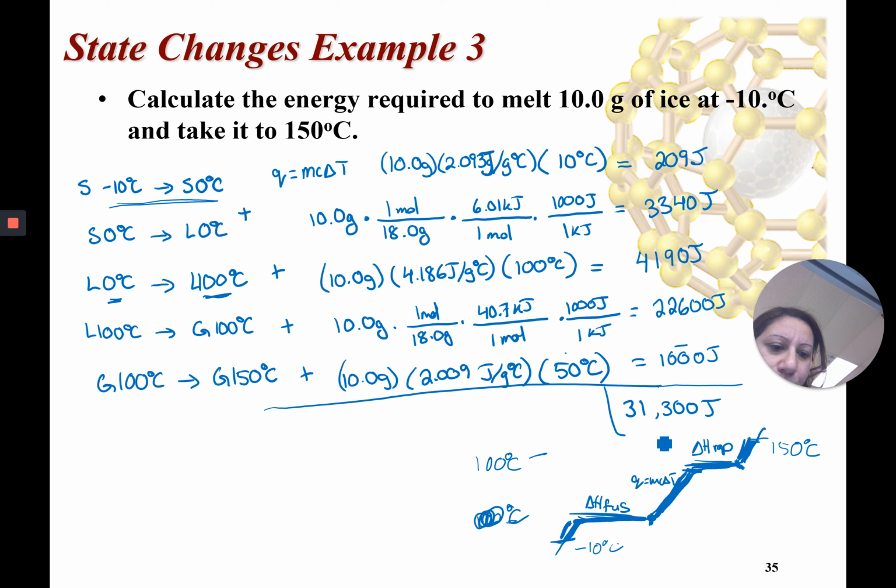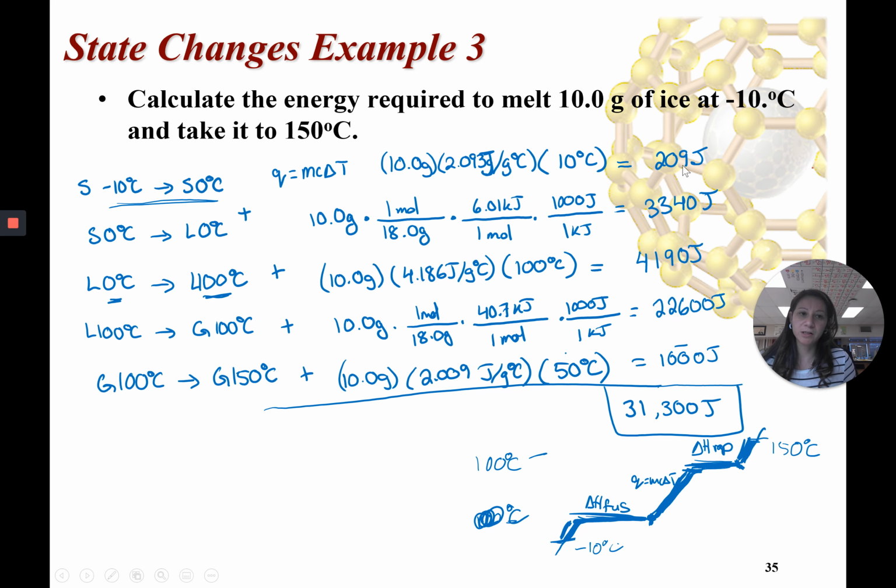So I ended up with 31,300 joules. Now, sig figs can be tricky with this because you have to figure out the sig figs in each of them. These are all multiplication and division, so you go by number of sig figs, so they should all have 3 sig figs in their answers. But then when you add them together, you got to go by decimal places.